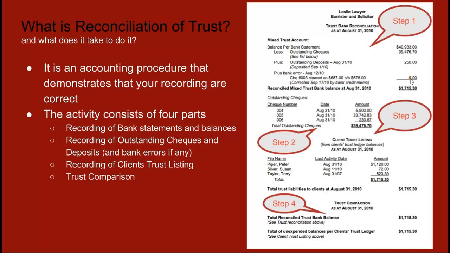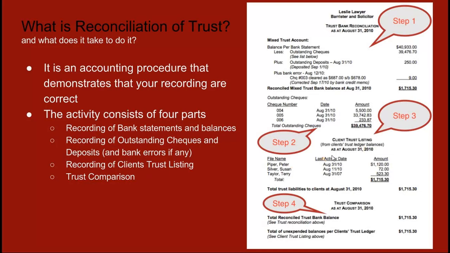So that $9 needs to be accommodated for, whether it's plus or minus. So you add or minus all of that, you get the reconciled trust account 171530, and that needs to add up to the third, which is the recording of your client's trust listing.